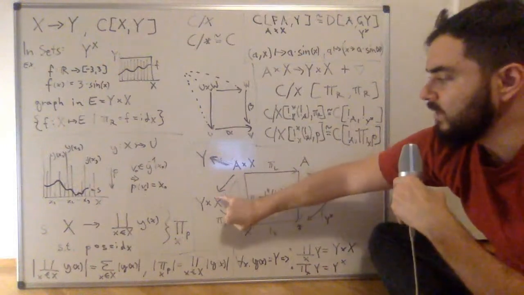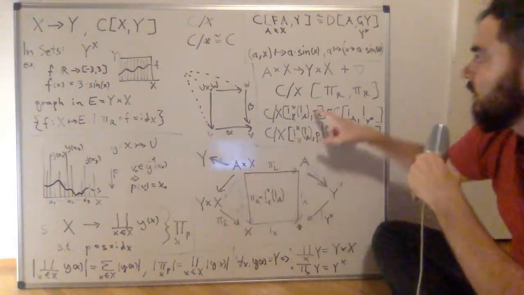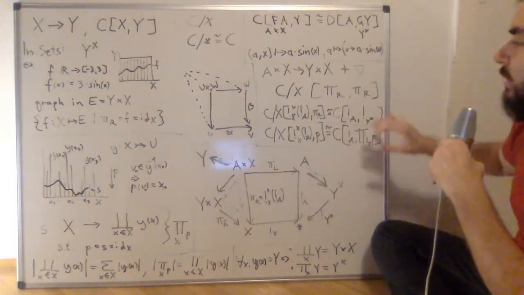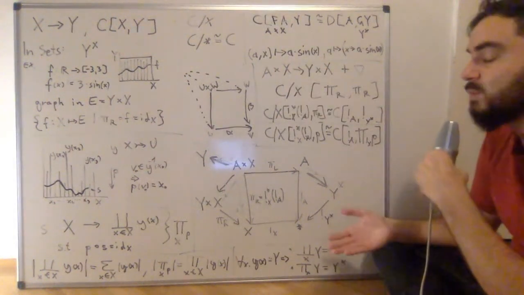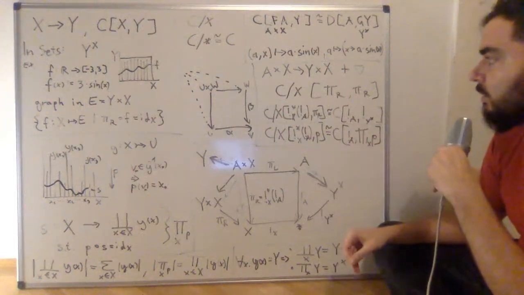So they have different codomain, they have different domain here, but my point is just that this line is the same as this line, it's just expressed in another category, in this last category.